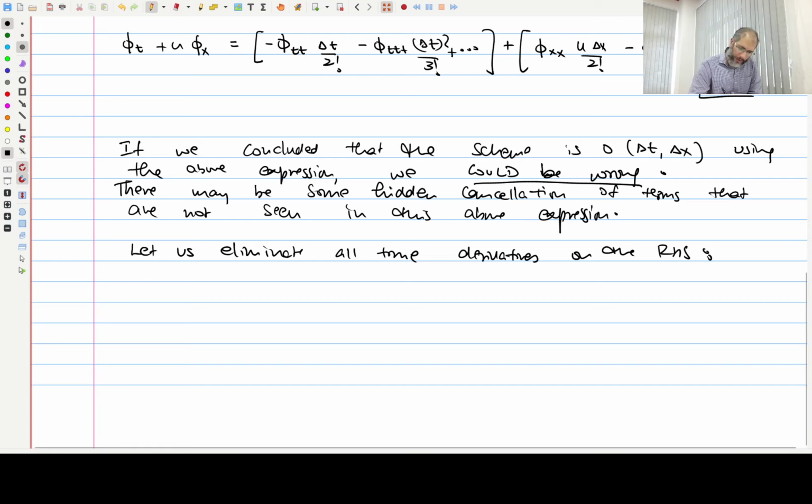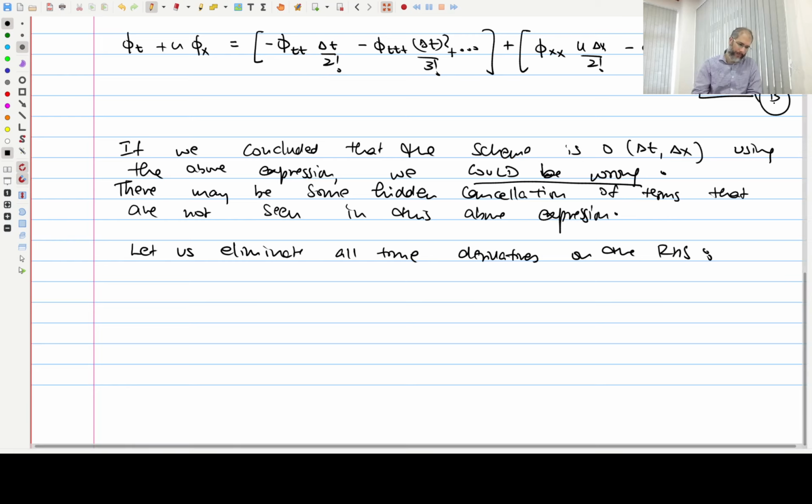Let's call this equation b. If I differentiate b with respect to time, I'll get a phi tt from this expression, right? Then I can multiply that by the correct coefficient and add the equation, and get rid of phi tt. That's how we proceed.